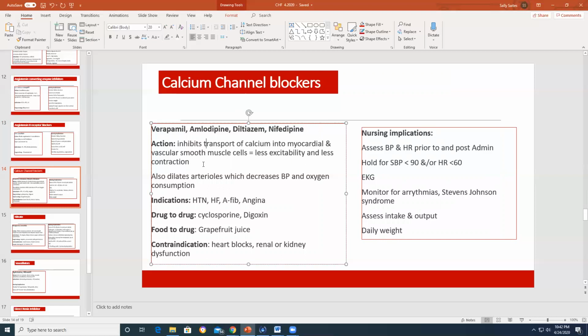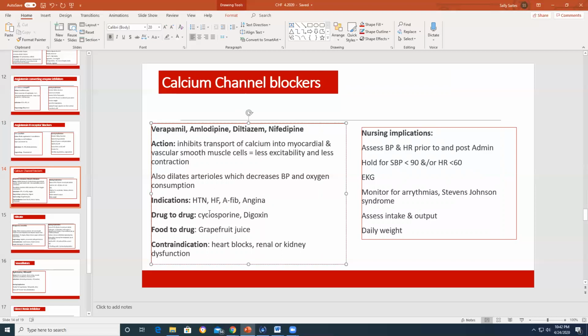As you can see, because it causes less excitability, these can be used on heart arrhythmias or dysrhythmias, depending on what it is. AFib, we use Cardizem all the time for atrial fibrillation. We'll start out with a drip and then go to a PO tab, and it works great. So indications: hypertension, heart failure, atrial fibrillation, angina, all to decrease the workload of the heart.